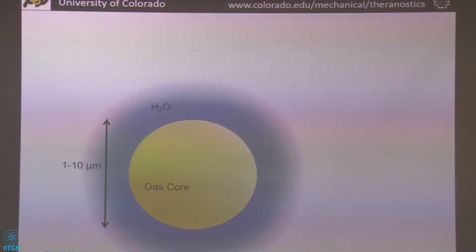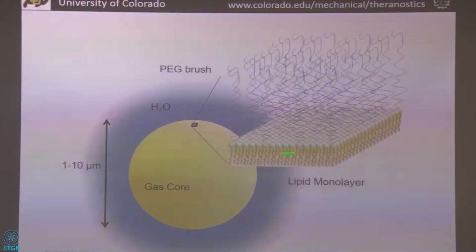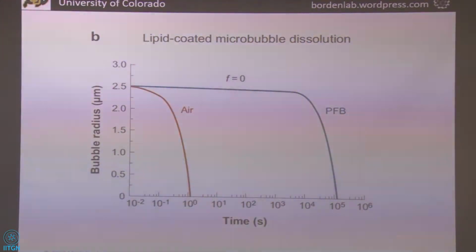Okay, so how are we going to get a very low surface tension? We use a lipid monolayer. We've seen this cartoon before. You can also model the bubble dissolution, and you have to account for the fact that the gas has to permeate through the lipid shell. Even in completely degassed environments, the lipid shell will partially stabilize an air bubble, so it will last out to about a second. This is a bubble radius, so it's a 5 micron diameter bubble.